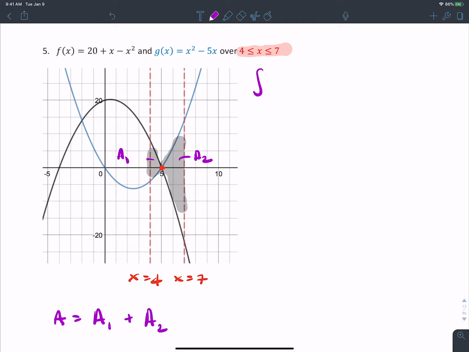And my first one's going to go from 4 up to that x value. And I have top minus bottom again, dx, plus the second integral. That's going to go from that x value up to 7. And I have that top minus bottom again, dx. Okay, you guys okay with that?